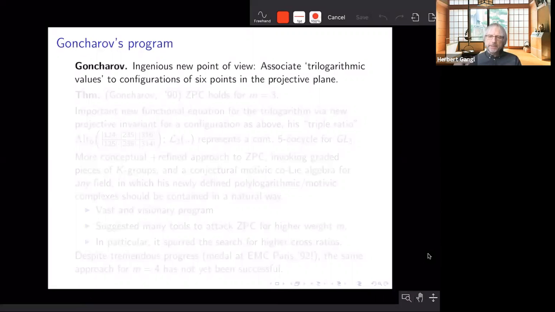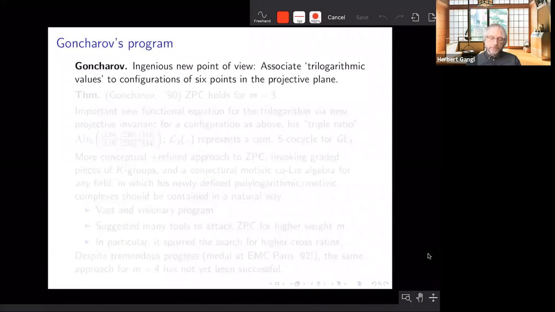So what he said, let's study configurations of, rather than 4 points in the projective line, he took 6 points in the projective plane, and he wanted to associate a trilogarithm value to each such configuration. So these are modulo the action of PGL3, these configurations, and we want to give it a trilogarithm value.